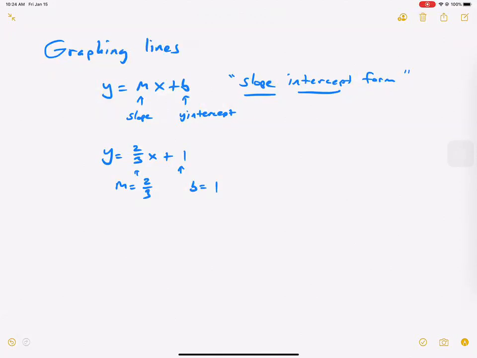We are given a weird number and letter problem, and we're told in algebra that this has a relationship. Every time x changes, the answer y changes. So if x was big, y is probably going to get bigger in this case because they're both positive. So there's a positive relationship, and the slope is changing by 2/3.